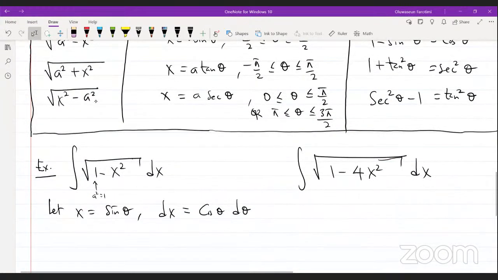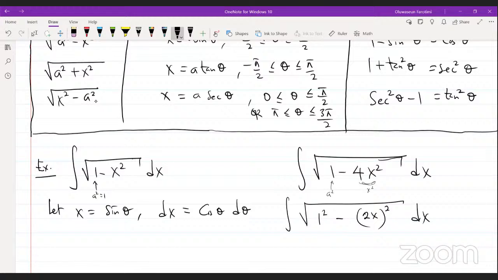The first part still looks like my a squared, and the whole of this pretty much looks like my x squared. Take a look, guys. The integral of the square root of 1 squared, because 1 squared is still 1, minus 2x all squared. I'm pretty much just rewriting. So let me just write it. This is the simple case.